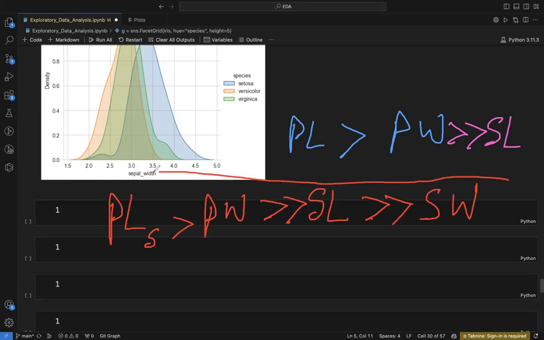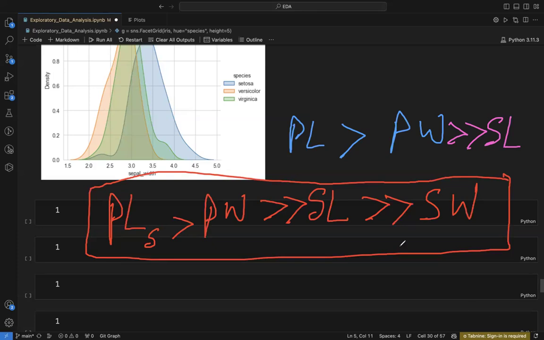So this is my conclusion by looking at the histogram and PDF. You can see petal length is significantly better than the sepal width also, right? And this sepal length is also significantly better than this sepal width.